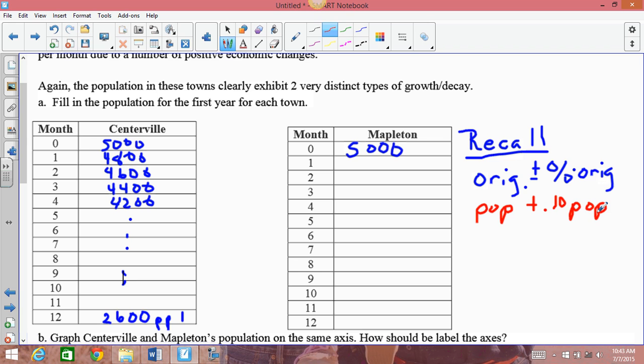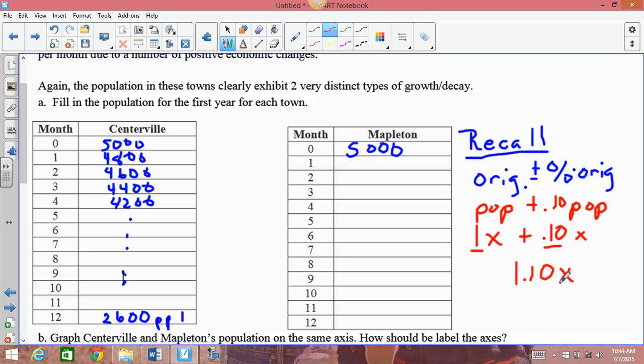Well, that original population is going to be changing each time, so I'm going to say that's X. And then 10% of that original population. In front of this first X, that's a 1. And so these are coefficients that can be added together. So 1 plus 0.10 would be 1.10X.